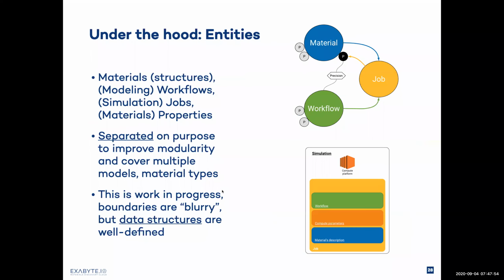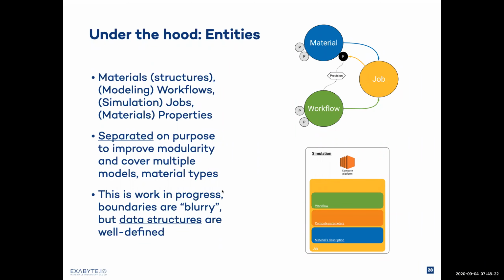Really, it is important for us to identify the entities in order to organize the information and do it efficiently. Because of the complexity and diversity of material science, we really have to solve this problem first before we can incorporate in a modular way a diverse set of simulations and experimental data.